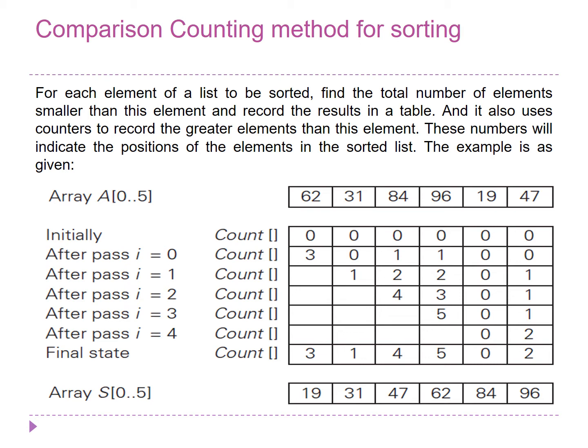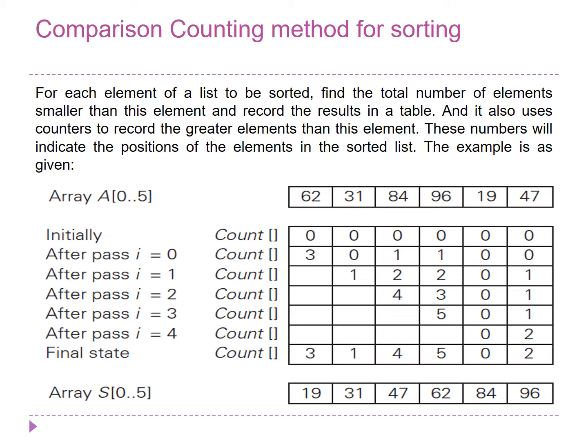The count array is initialized to 0. At each iteration of the algorithm, each element of the array is considered and count is maintained for the lesser and greater elements in the count array.